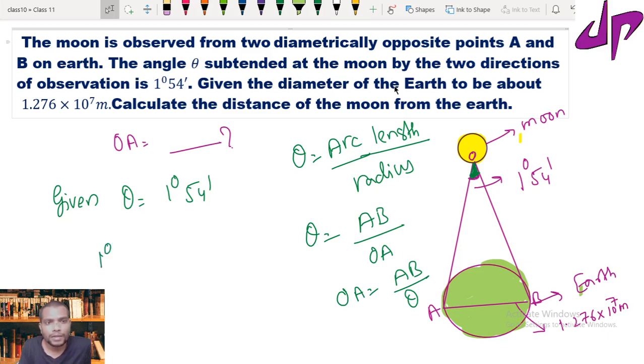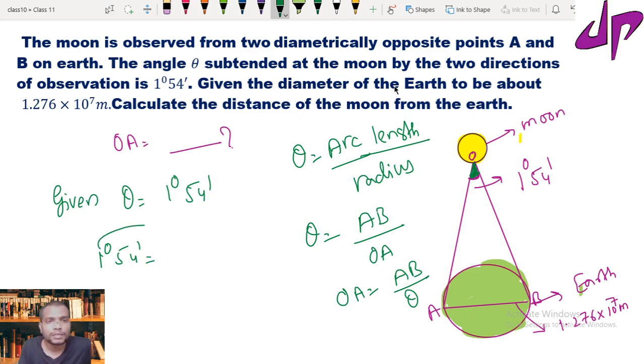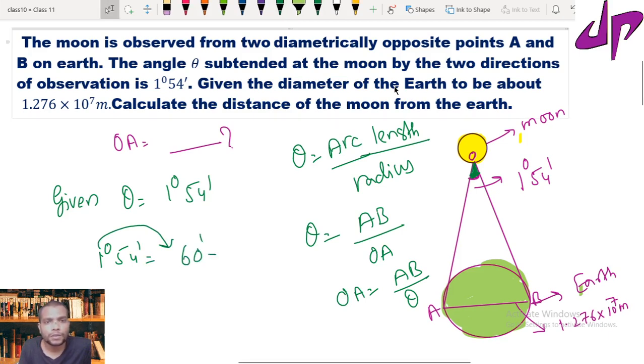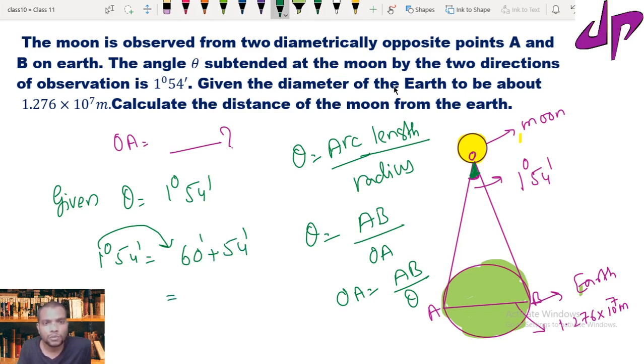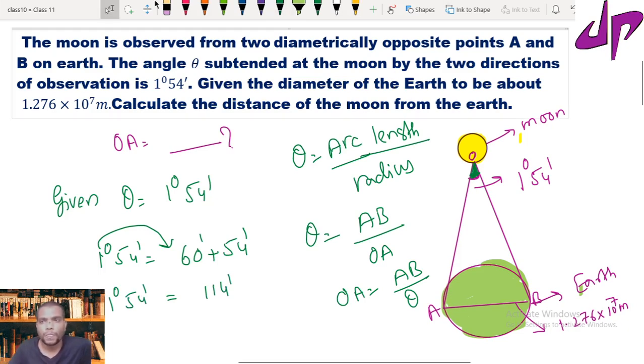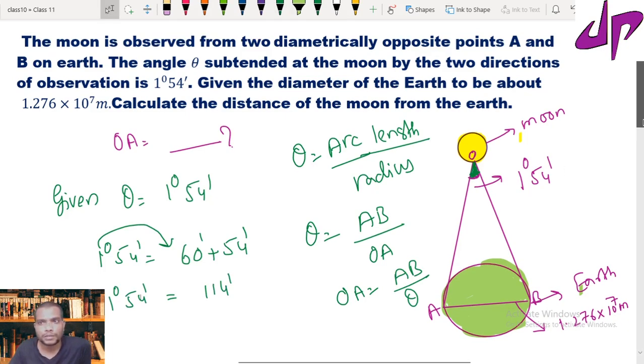Now 1 degree 54 minutes equal to, first I will convert the degrees in terms of minutes. 1 degree equal to 60 minutes plus 54 minutes, which is equal to 114 minutes. So 1 degree 54 minutes equal to 114 minutes.